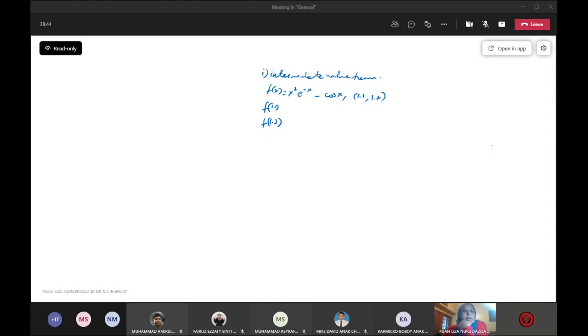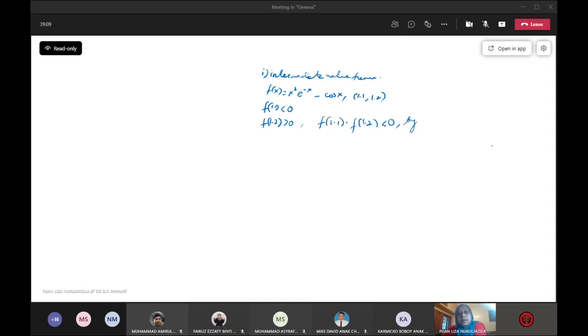Okay, so what is f of 1.1, negative or positive? Negative. Okay. 1.2? Positive. Okay, so your conclusion would be f of 1.1 multiplied by f of 1.2 is less than 0.